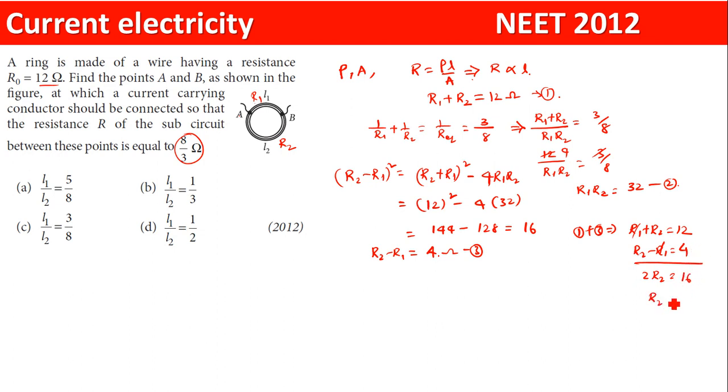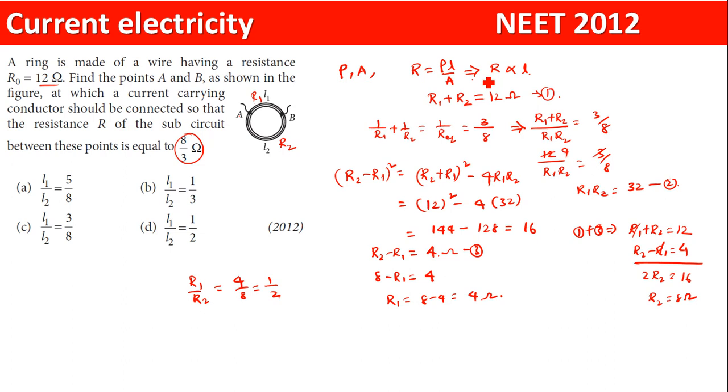So R2 is equal to 8 ohms. Now let me substitute this R2 here. Then 8 minus R1 is equal to 4, so R1 is equal to 8 minus 4, that is 4 ohms. So I can say that R1 is to R2 is equal to 4 is to 8, or 1 is to 2. Very good.